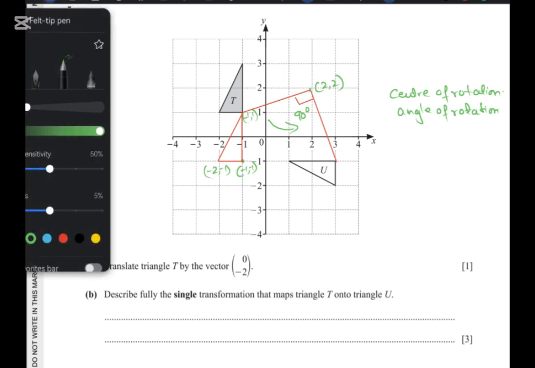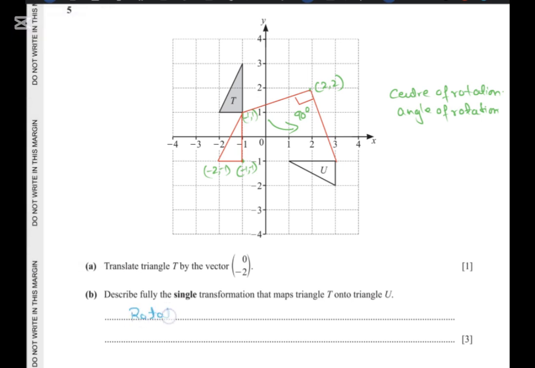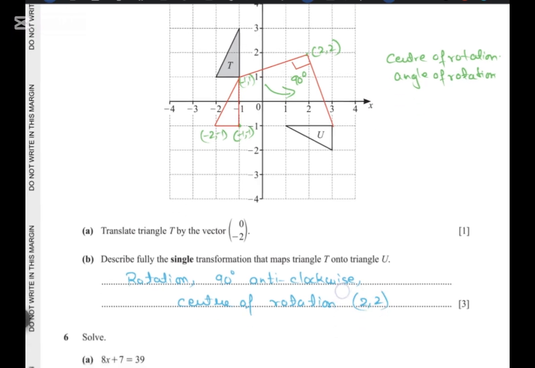So write down the answer: rotation, 90 degrees, anti-clockwise. Center of rotation 2, 2. This is done. Question number 5 is done.